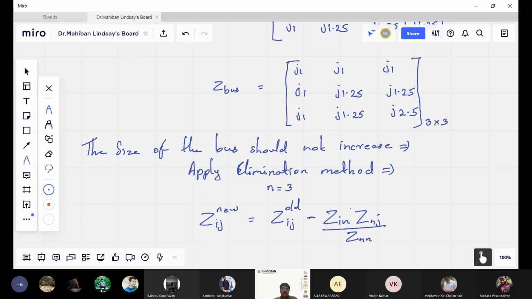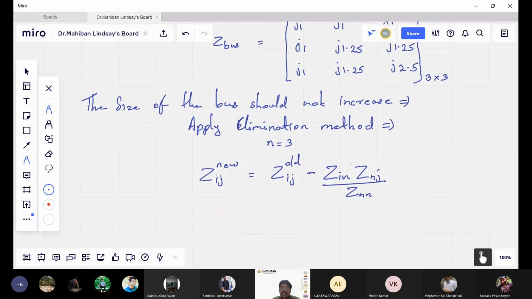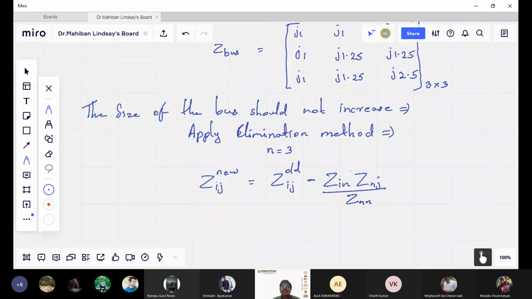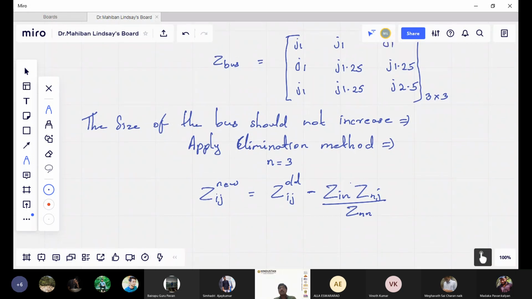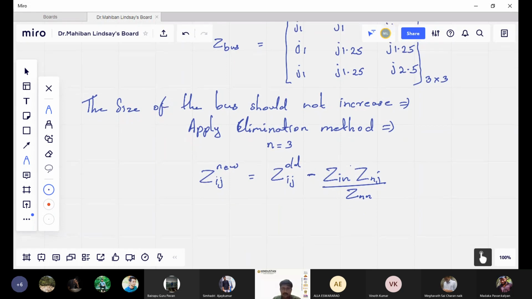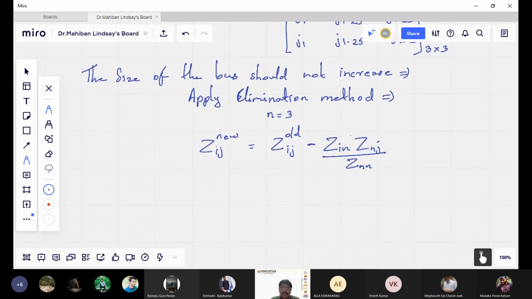So this is the formula for elimination. I hope I gave it while explaining the type 3 modification. Therefore, we are going to frame the new values, all right? So you can see that we need the Z11, Z12, Z21, Z22 values. Here also, please keep it in mind, Zij is equal to Zji. That will be easy. And here the n value we know, that is 3. Therefore, I am going to find Z11 first.